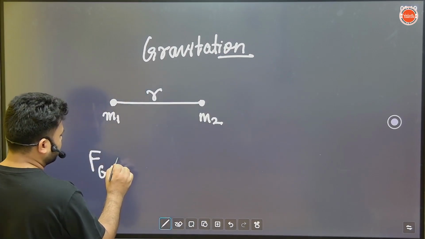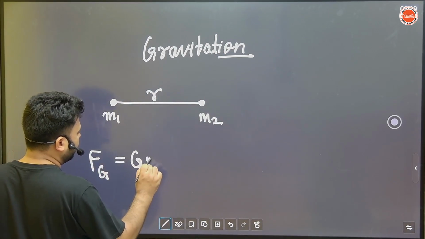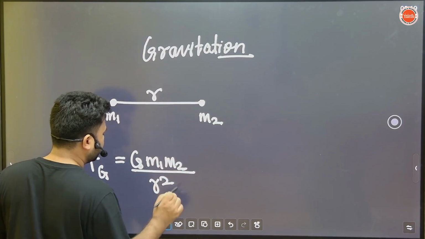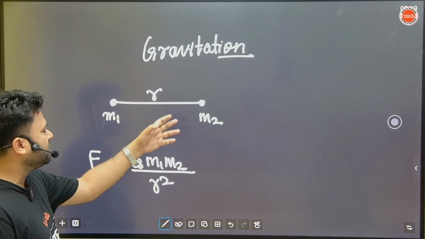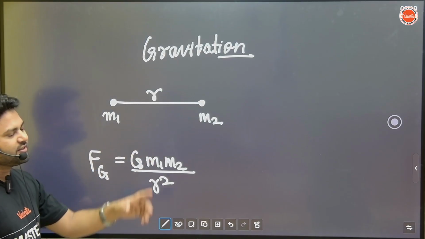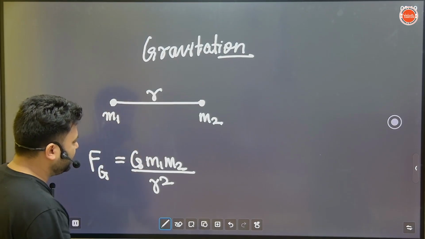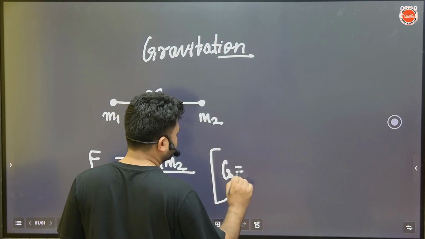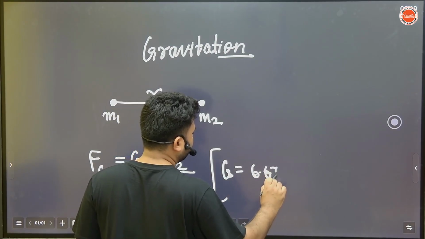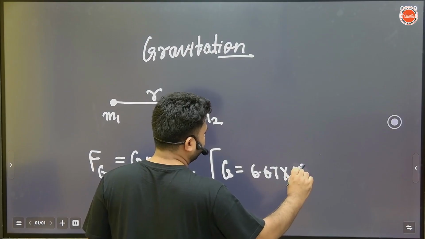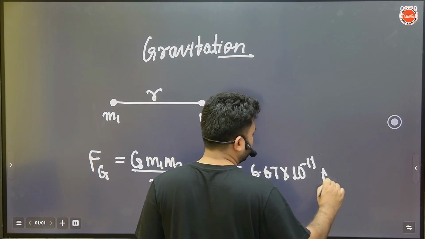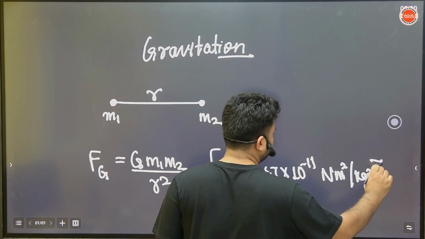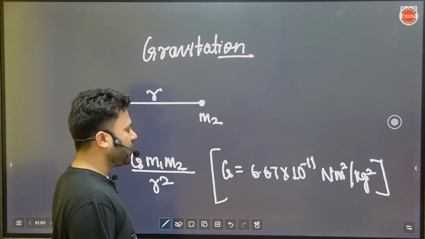This force is equal to G m1 m2 by r square. m1 and m2 are the masses of the two objects, r is the distance between them, and G is the gravitational constant, 6.67 into 10 power minus 11 Newton meter square per kg square. This is the value of G, correct?